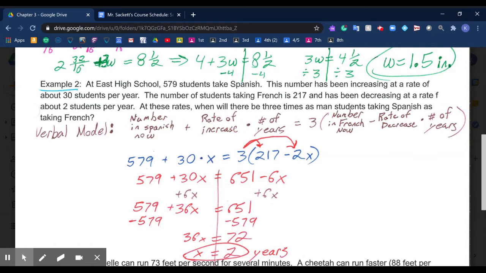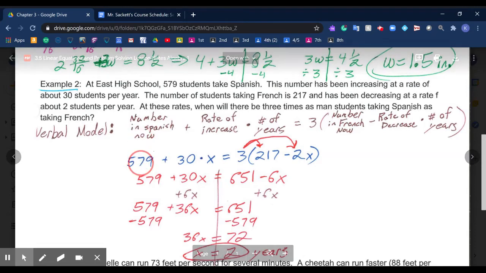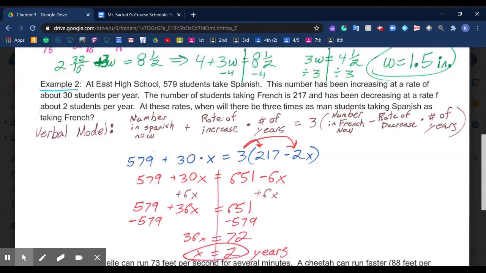So I can convert that verbal model into my algebraic model. So the number in Spanish now, 579 students, plus the rate of increase 30 times the number of years x. So 579 plus 30x.